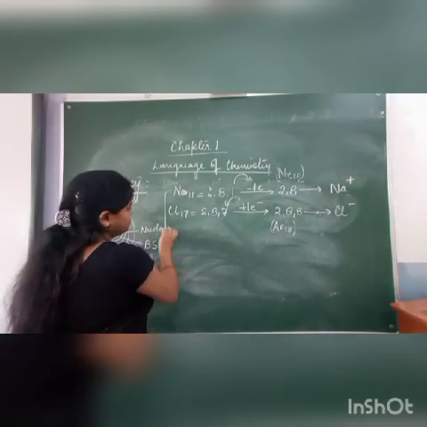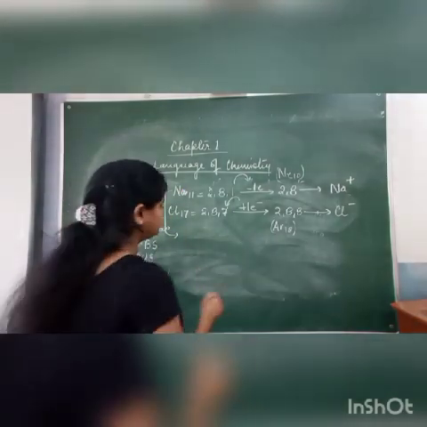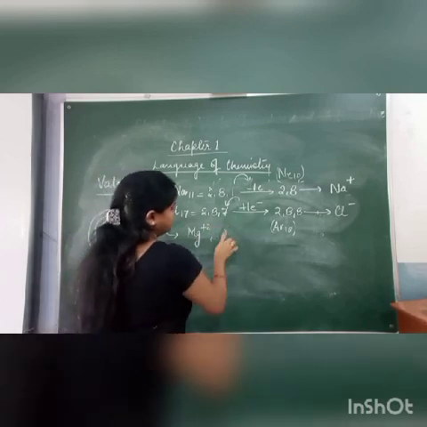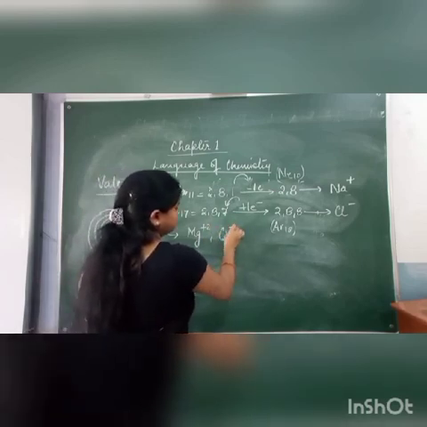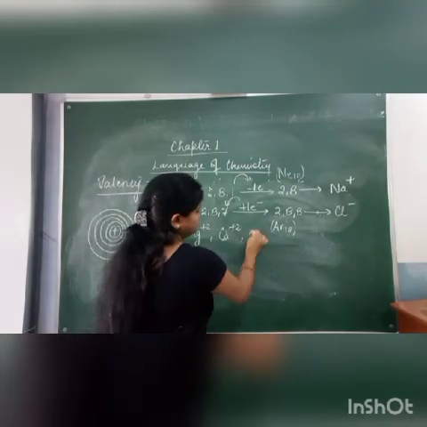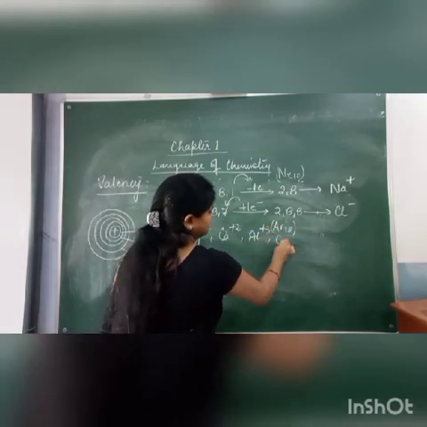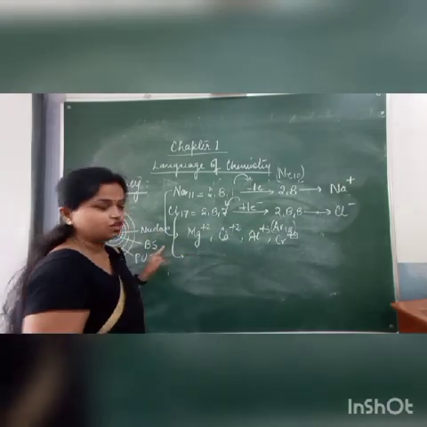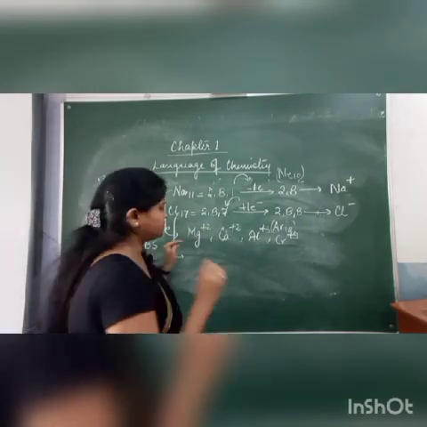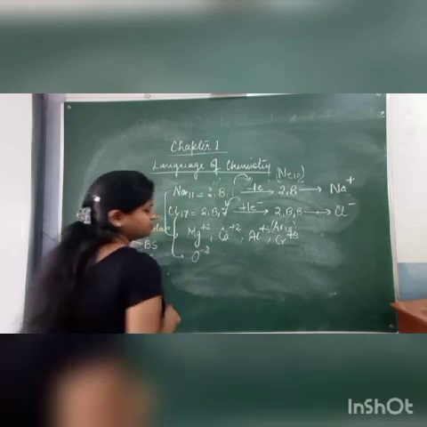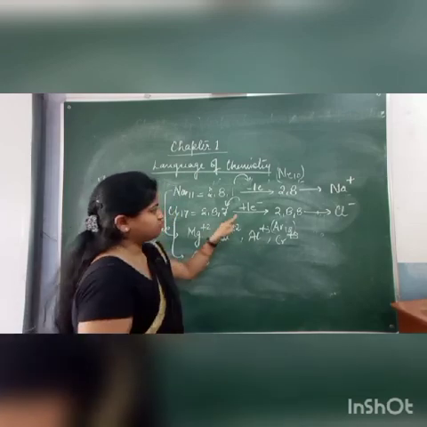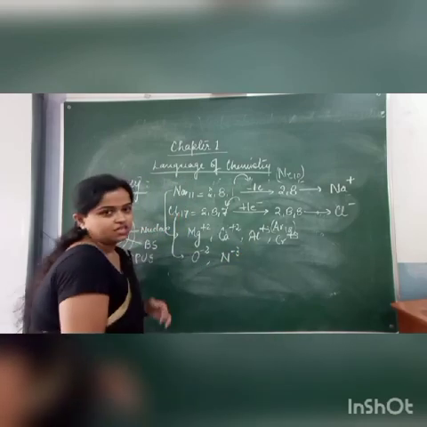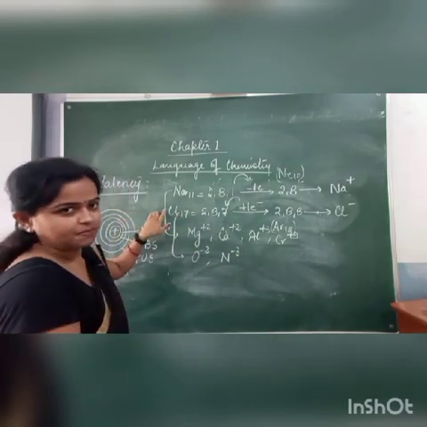If we go for the donation of 2 electrons, the charge will be +2. If 3 electrons, +3. If there is acceptance of 2 electrons, the charge will be -2. And if there is acceptance of 3 electrons, the charge will be -3. This is about valency.